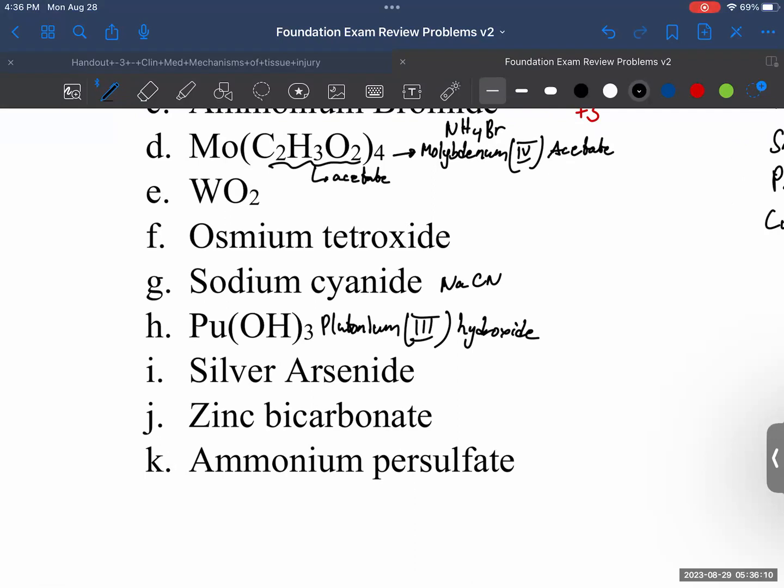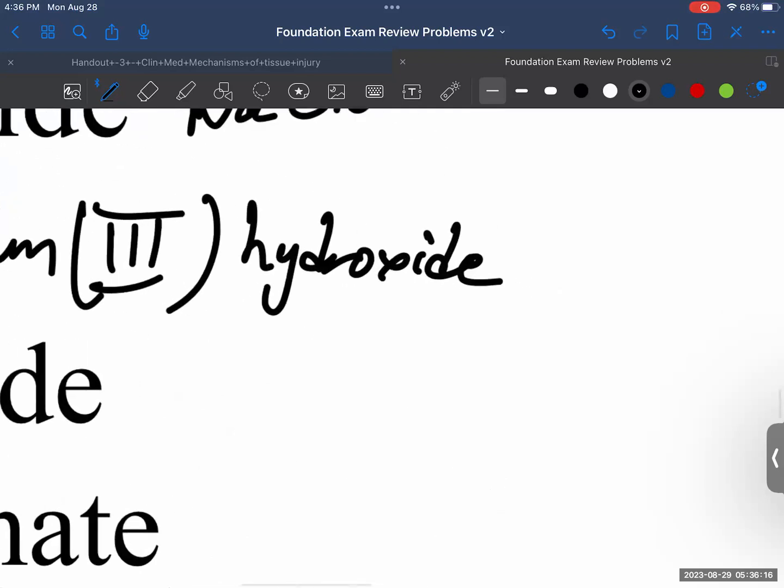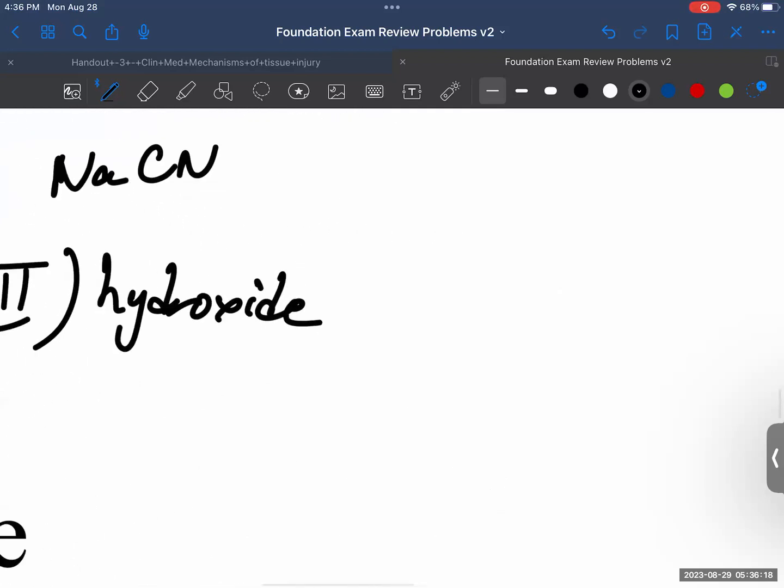Any questions on that? Right, I'm gonna go a little off script here, see if y'all can think of this. Let's do Al2O2. How would you name this?